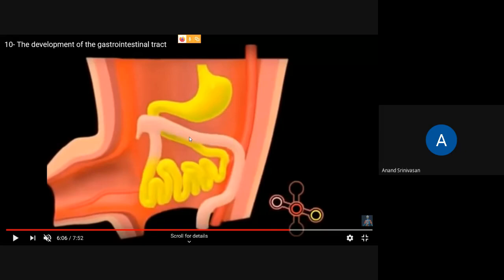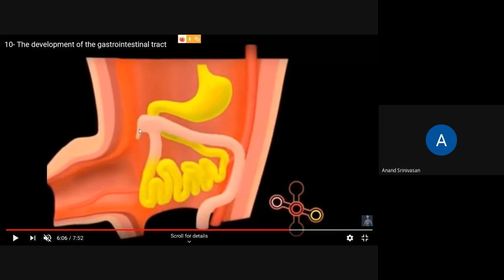Whenever you open up the abdomen, you can see that the duodenum is a retroperitoneal structure, and in front of the duodenum there is the mesocolon, the transverse colon. So now you know why the transverse colon is in front of the duodenum: that's because the cranial limb goes inside first, and then the caudal limb is taken inside.